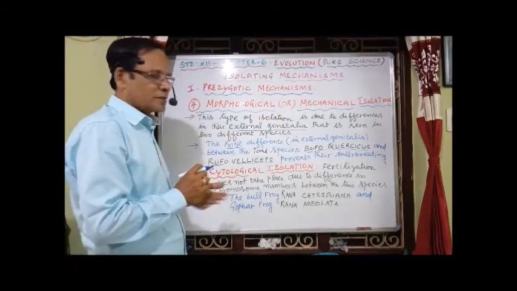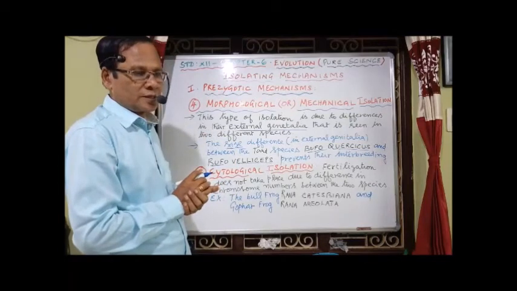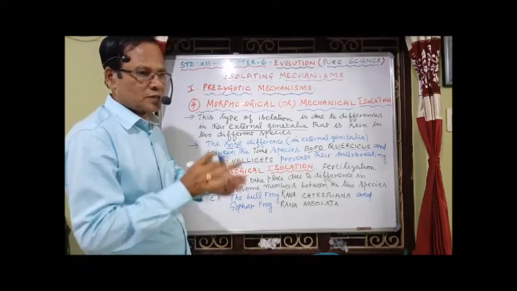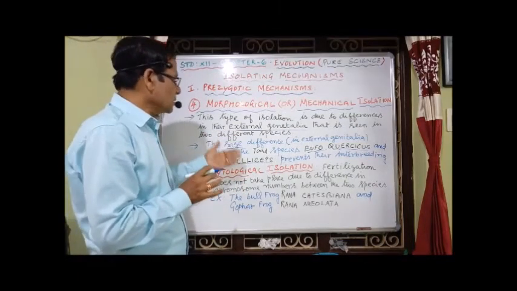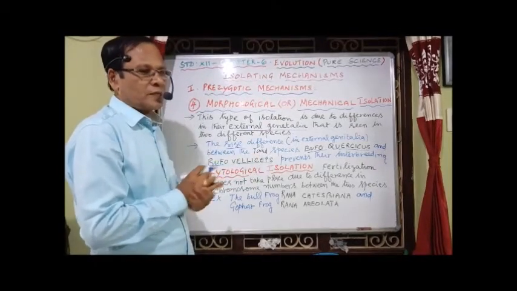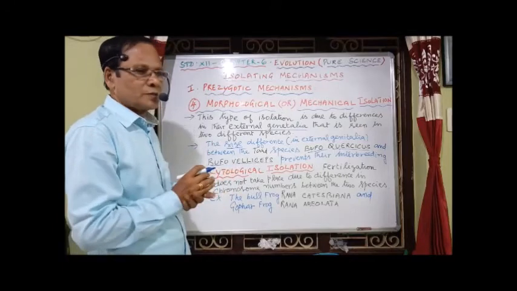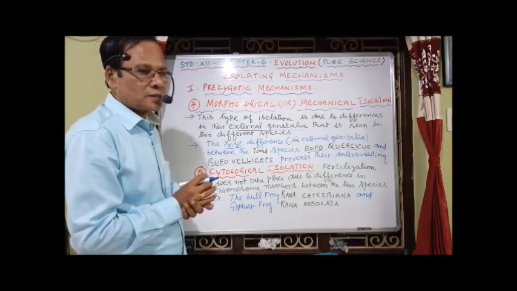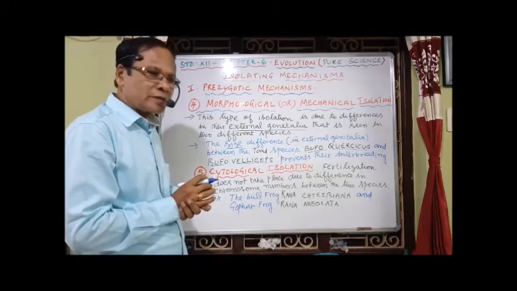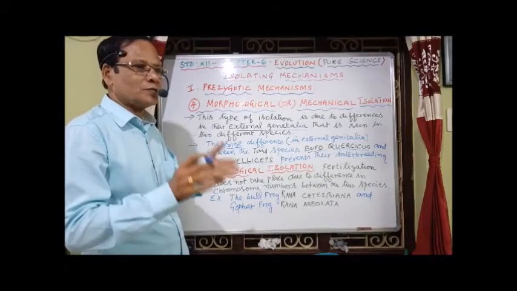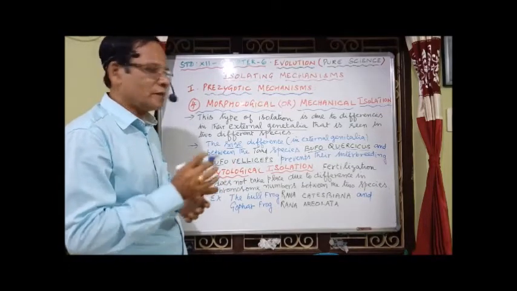The morphological structures related to the external genitalia, so morphology, the structural aspects, are different in their size, etc., between two different species. So these external genital organs are not compatible, not matchable between two different species, thereby preventing interbreeding.